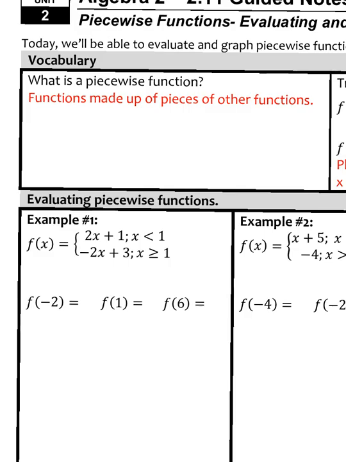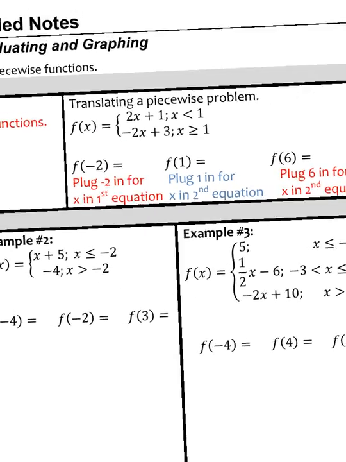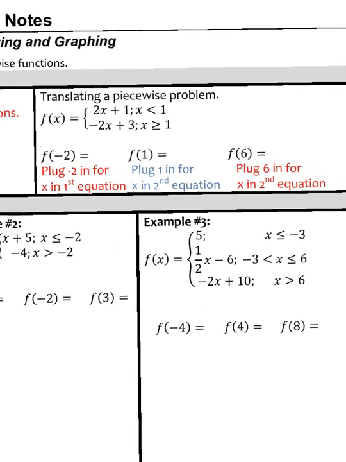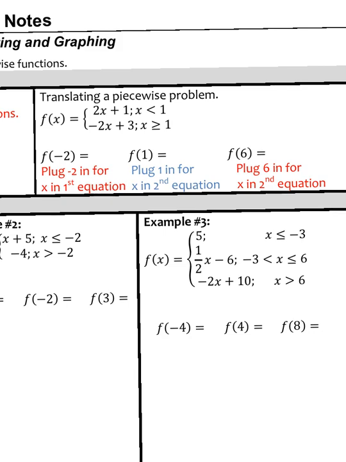So again, going on to evaluating, but first we need to understand what we are working with, what the problem is asking for. The part in black is what the problem is going to look like. It's going to have this f of x, this fancy bracket type of thing, and then a few equations.